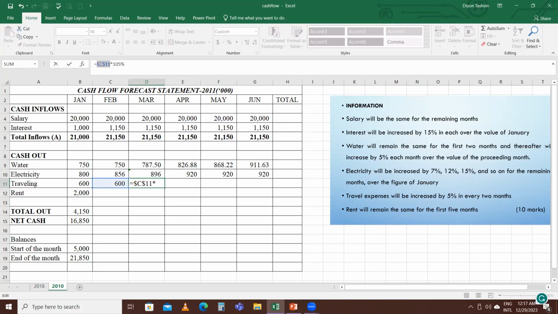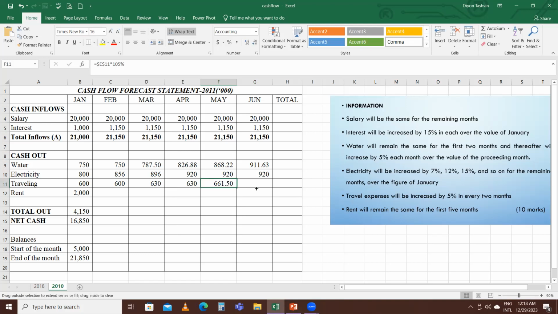It will be the same for April as well. But in May, this figure should increase by a further 105%. I'm going to fix the cell because if not, it will take the relative cell.